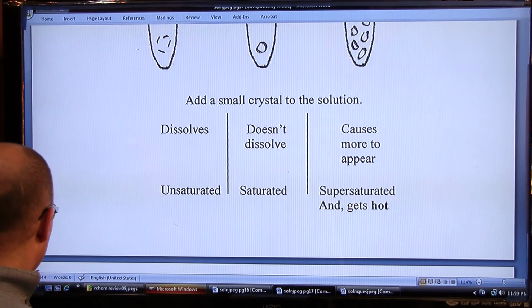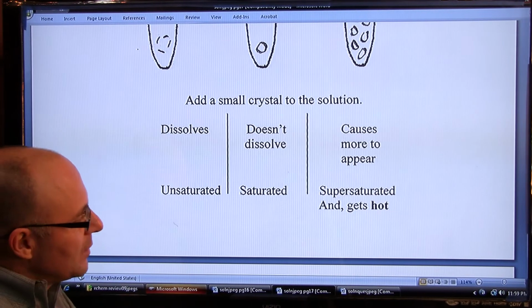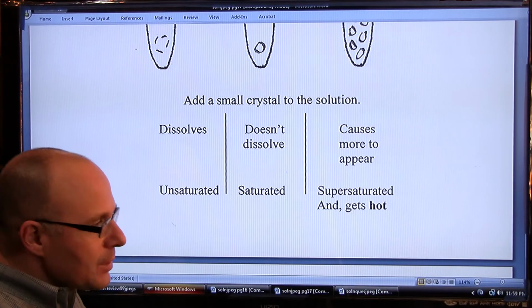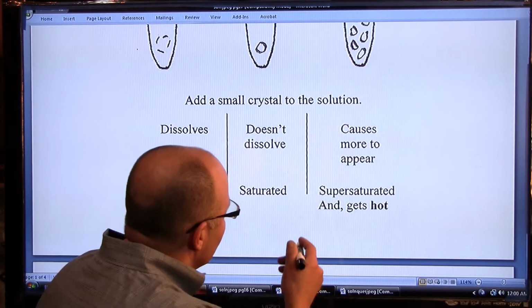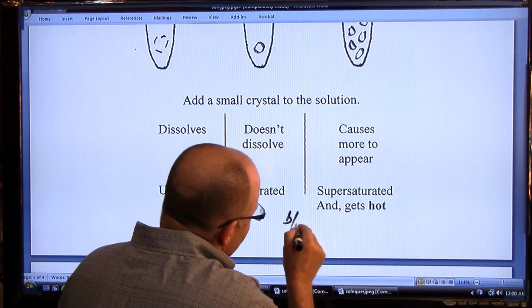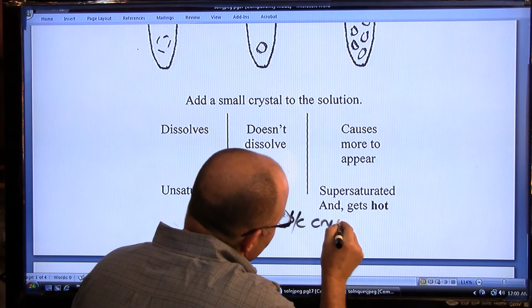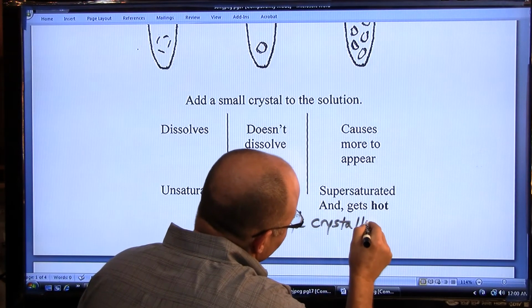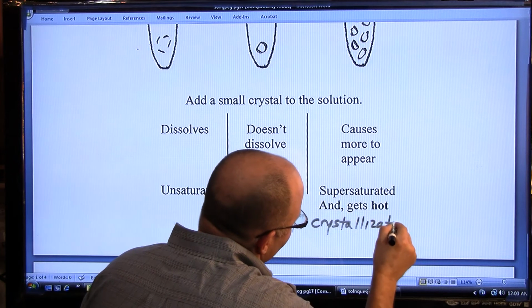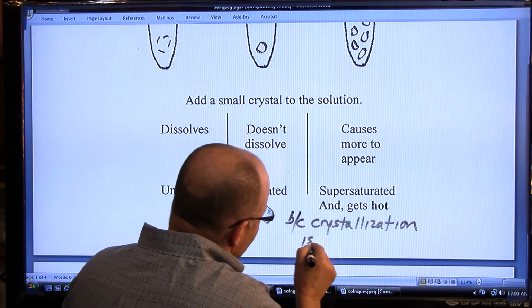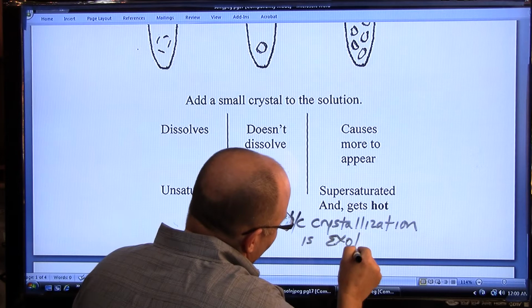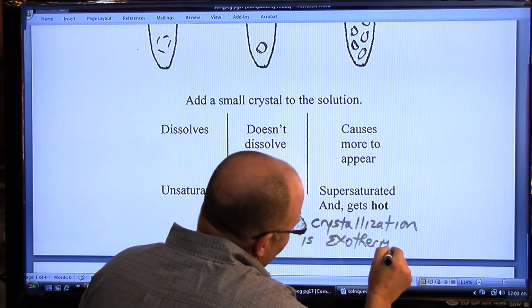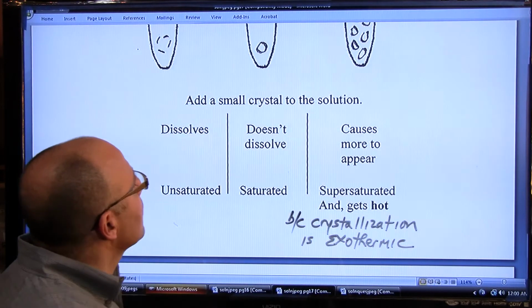Just as for most solids, dissolving is endothermic, crystallization overall is exothermic. In other words, it releases heat to the surroundings.